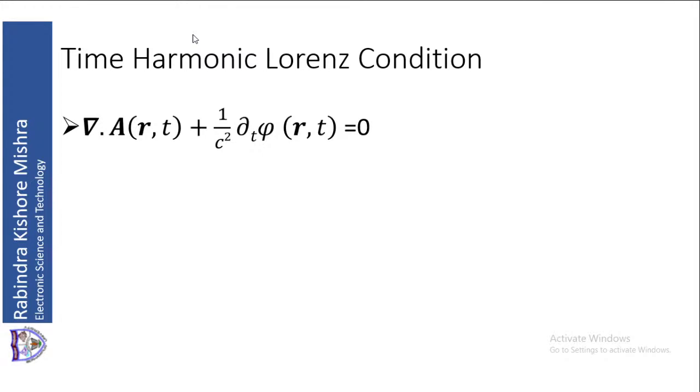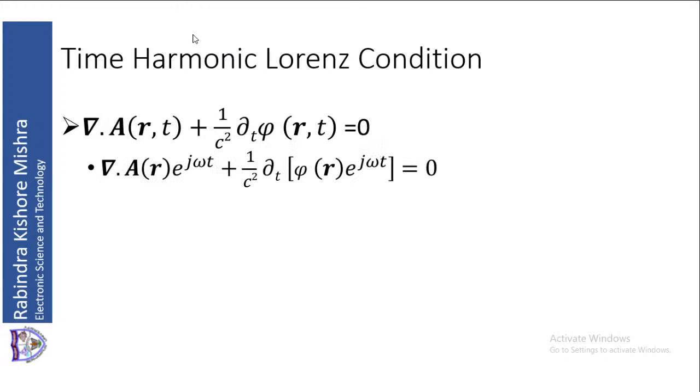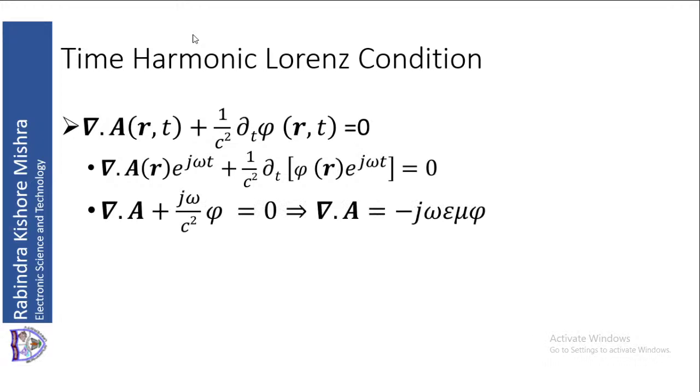Now let us consider the Lorentz condition in the time harmonic case. The Lorentz condition is divergence of A plus 1 by c square dou phi by dou t is equal to 0. Now for A we will write A(r) exponential minus j omega t, and for phi we will write phi(r) exponential minus j omega t. The minus sign is missing here, you can put that. So that will be equal to 0.